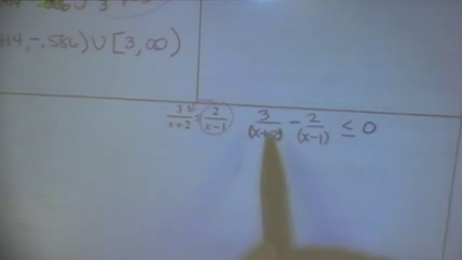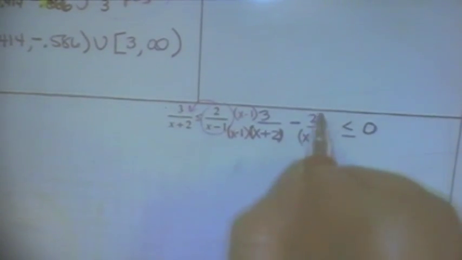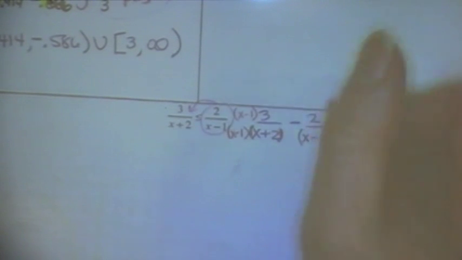Well, x plus 2 is a piece. It goes all together. X minus 1 is a piece. So each fraction has to have each of these pieces. So this fraction is missing the x minus 1 piece. So if I put x minus 1 on bottom, I have to put an x minus 1 on top. This fraction is missing the x plus 2 piece.